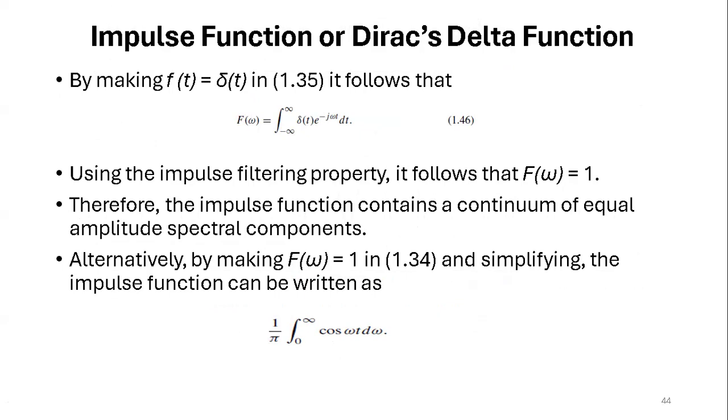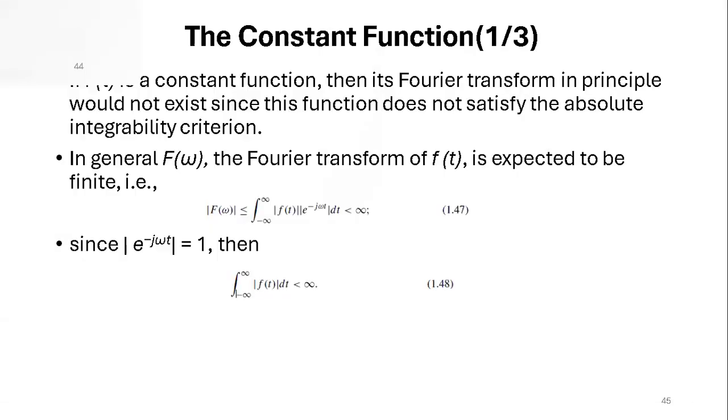By taking the Fourier transform of the impulse function from equation 1.35, it follows that f omega is the integral of the impulse function times e to the minus j omega t dt. Using the impulse filtering property, it follows that f omega is 1. The impulse function contains a continuum of equal amplitude spectral components. Alternatively, from equation 1, a simplified impulse function can be written as 1 by the integral from infinity of cos omega t.